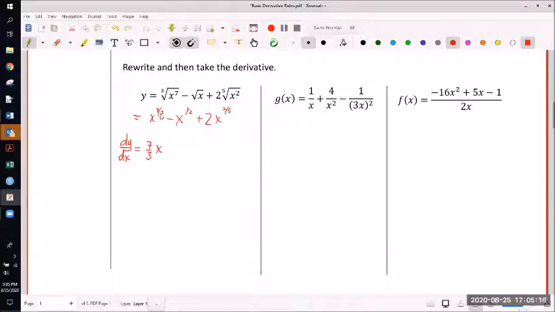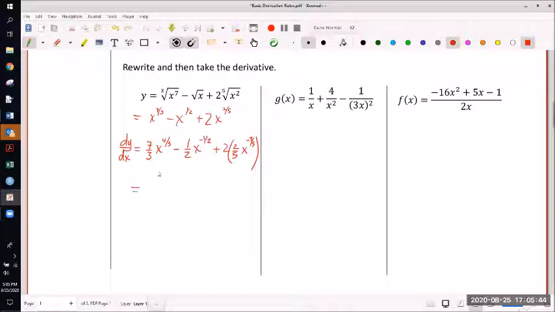Well, that's the same as subtracting 3/3. 7/3 minus 3/3 is 4/3. For this one, I get 1/2 x to the 1/2 minus 1, which is negative 1/2. And then for this last one, I get 2 times 2/5 x to the negative 3/5. 2/5 minus 1 is negative 3/5.